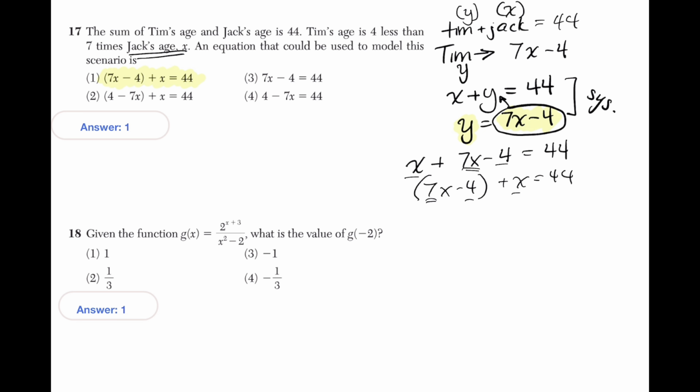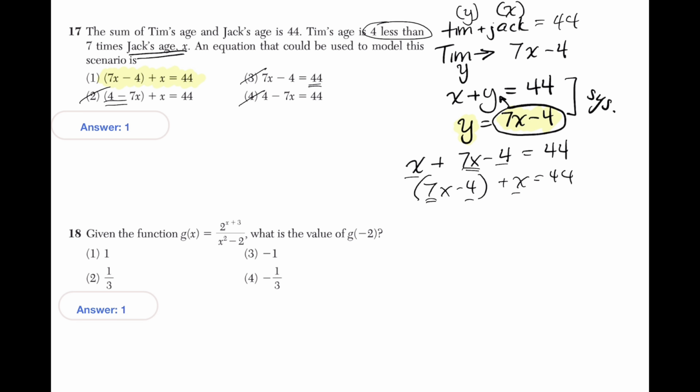For number 2, they would have written it wrong, where it's supposed to be 4 less than. The 4 should be less than the 7x, so it should have just been turned around. And with the other ones, the 7x minus 4 equals 44 is not true, because they're mixing up the two equations. That's what happens with 3 and 4, where you're taking the two equations and moving them together, but they're not equivalent.